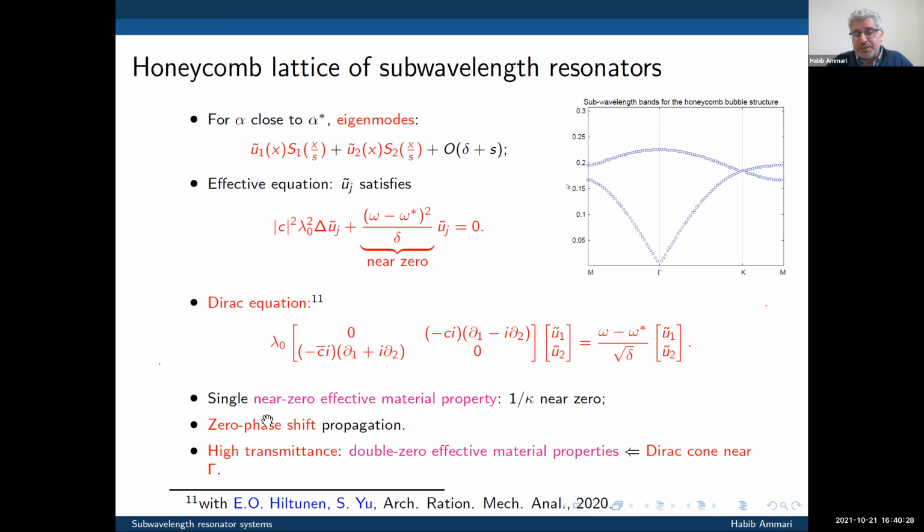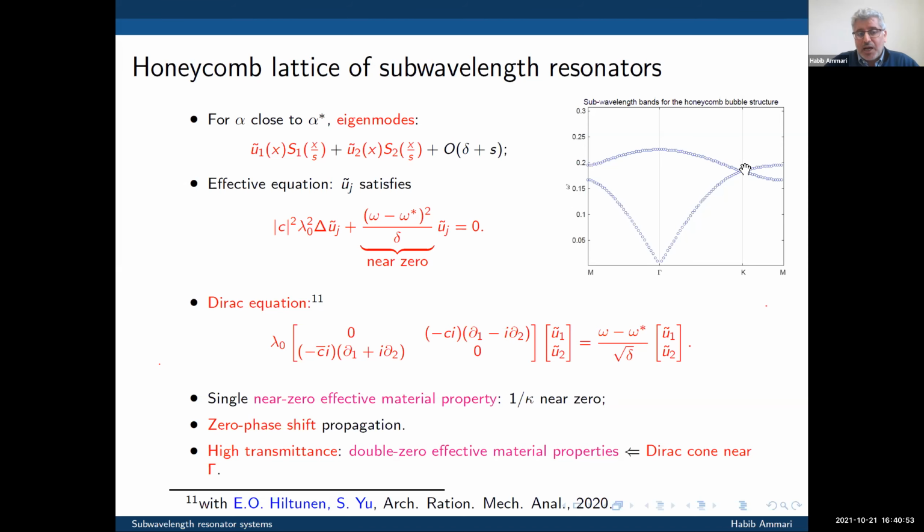It means that we can achieve propagation of waves over long distance with almost zero phase shift. Nevertheless, because we are at this K symmetry point, there is low transmission, so we cannot couple the incident wave with the structure, and I will try to show you some intuition of why this is the case.